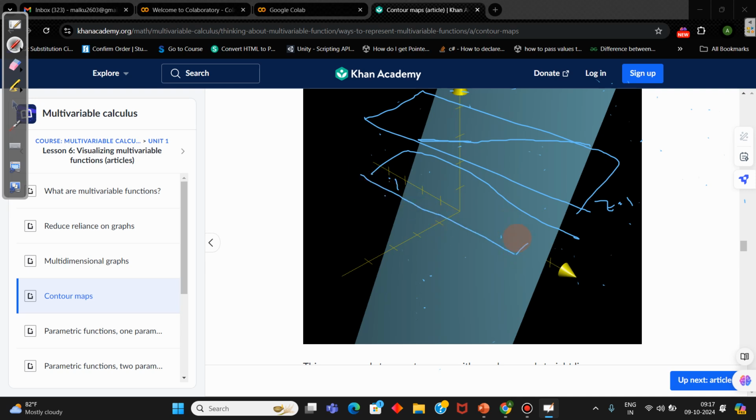I'm sorry for not drawing a very good straight line, but it is the part which touches the surface of the curve on this plane. So this shows steadily increasing values.